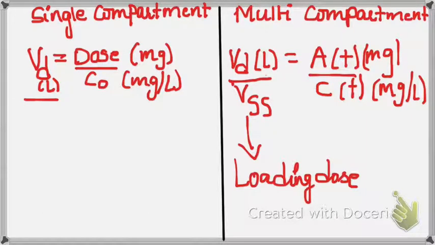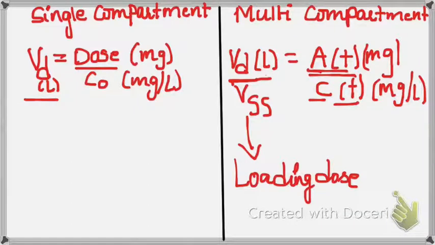Volume of distribution in liters is equal to A divided by C, where A represents the amount of the drug at time t, divided by the plasma concentration of the drug at that particular time t.